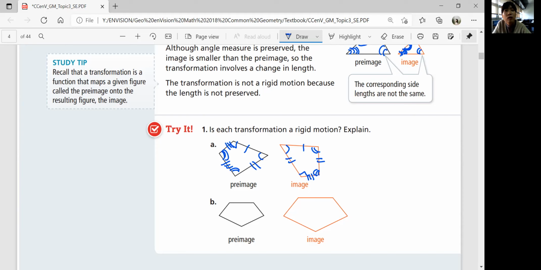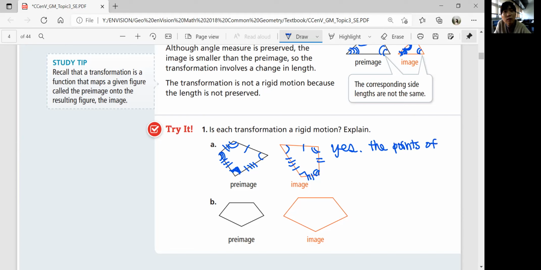Wait, that's 2. That's 1. 1, 2, 3, 4. Okay. There you go. So yes, this is a rigid motion.